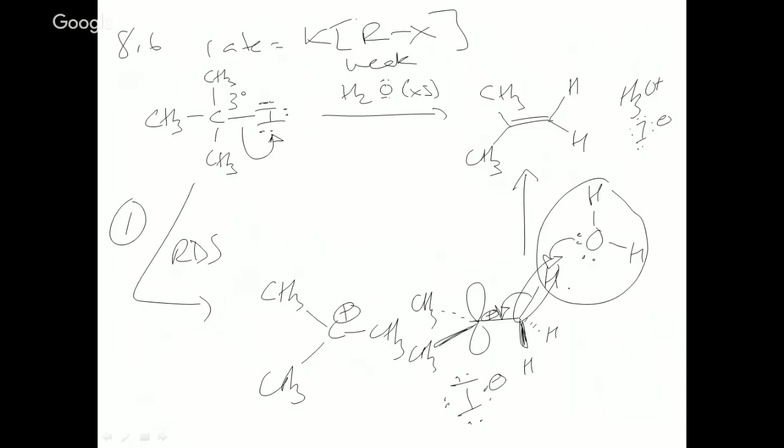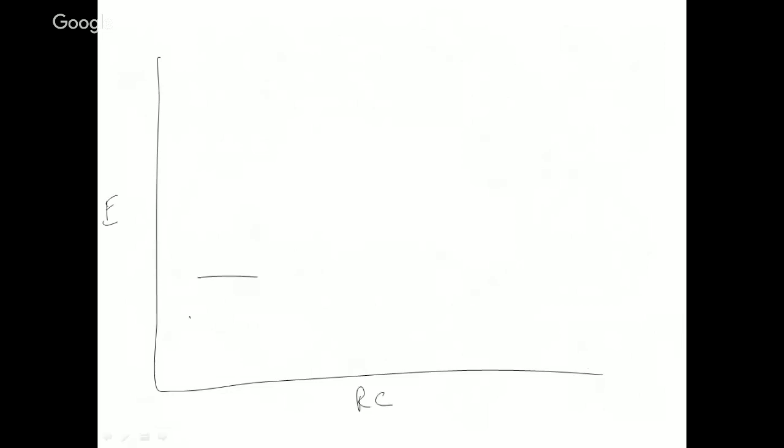Let's look at the energy diagram for this two-step process. This is exactly or very similar to figure 8.6, so I'm going to abbreviate some things. Starting material, alkyl iodide. We have our products. The reaction overall is exothermic.